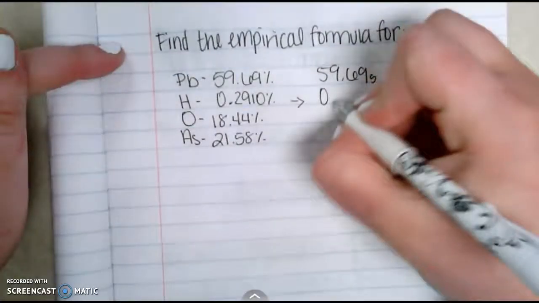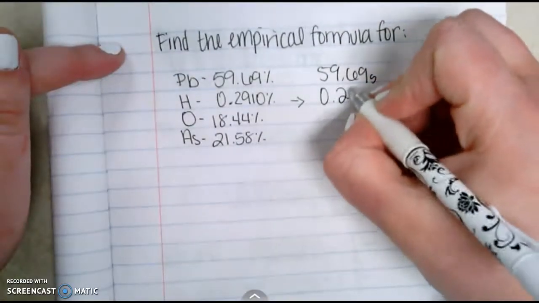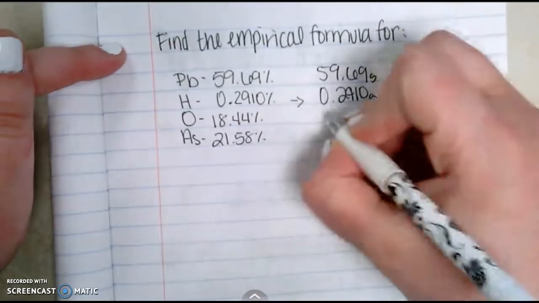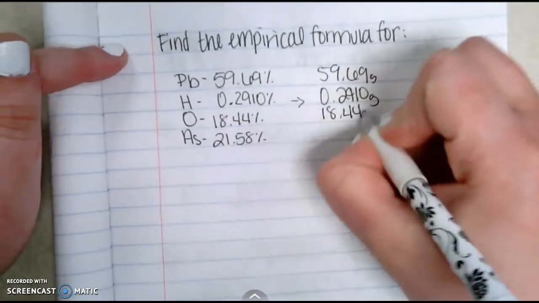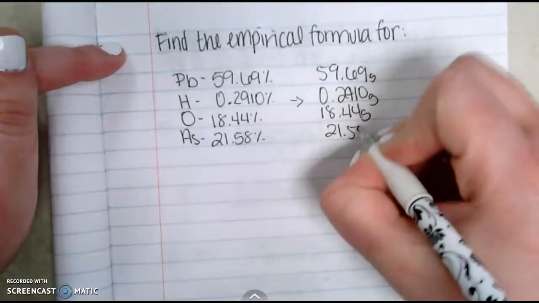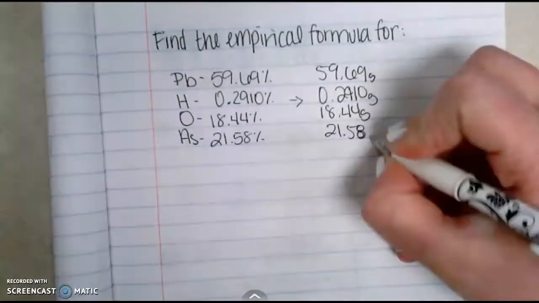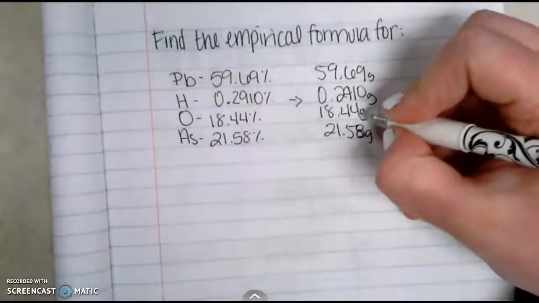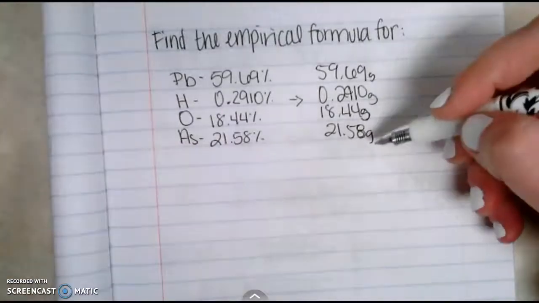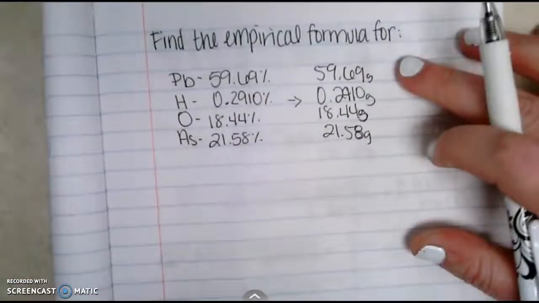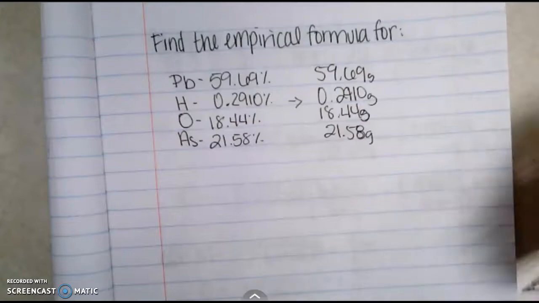So we are just going to convert those over into grams, pretending that our sample is 100 grams. Because we're finding the ratios, even if your sample isn't 100 grams, your ratios will still hold. So now I have my grams, and I'm just going to go on like normal.